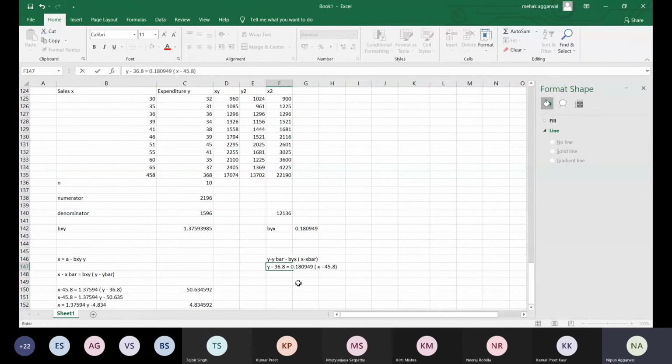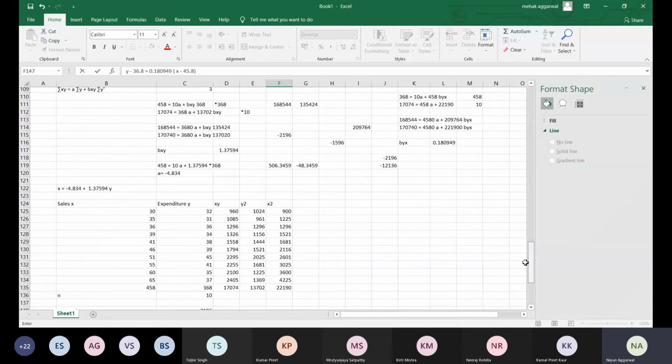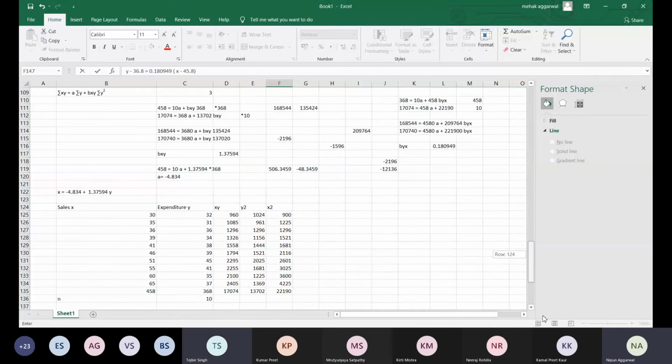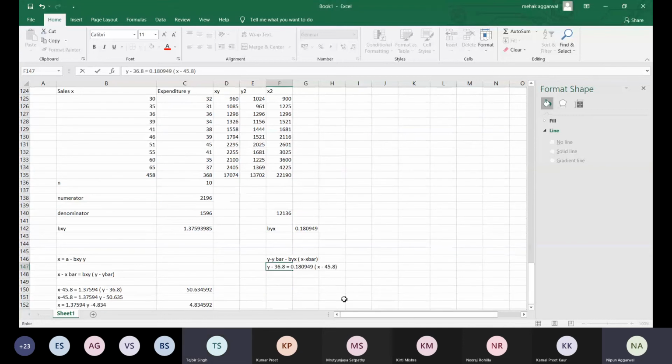You will solve this equation and you will get the same value as the regression line. So you have matched with the regression line. In the last I have not calculated the regression line over here, but in the same way you can calculate the regression line here also, in terms of x, where you have to calculate the value of y in terms of x.